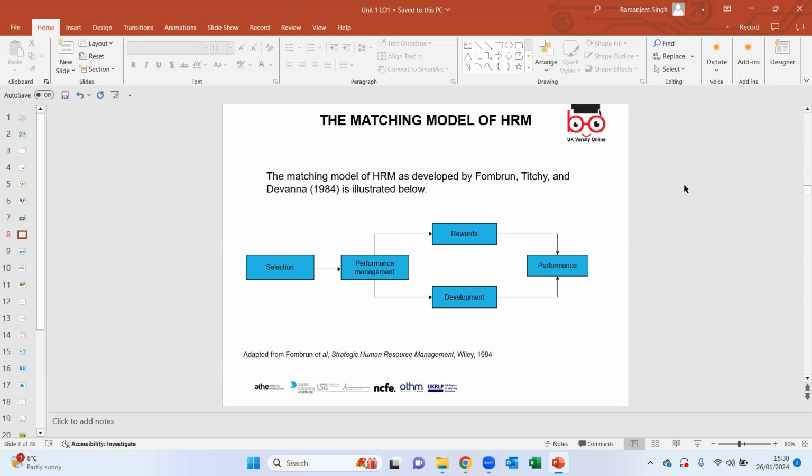So what the matching model does is it essentially focuses on 4 different functions. It focuses on selection, it focuses on appraisals and rewards, it focuses on development, and at the end, it is more worried about performance. So this table essentially means that you get people selected, then you work on getting them to perform better. How do you get them to perform better?